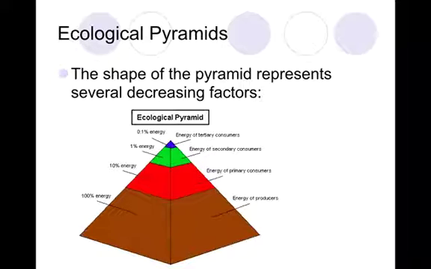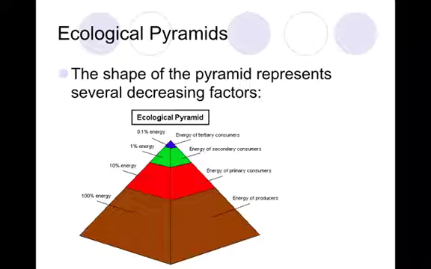Our secondary consumers that eat our primary consumers are only going to get 10% of the energy that is available from the primary consumers. So in this scenario, you're only going to get 10% of this amount of energy. So it would be 10% divided by 10, which is going to be 1%.